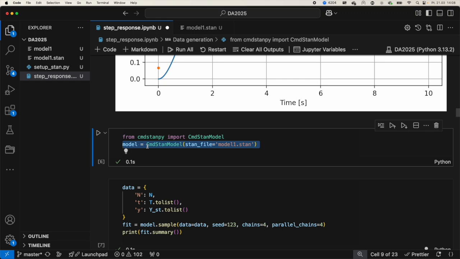Stan is a language that is platform independent but requires interfaces. You have RStan for R, and RStanArm, also for R, and different wrappers on that. For Python you have either PyStan or CmdStanPy, because CmdStan is a wrapper for the command line.